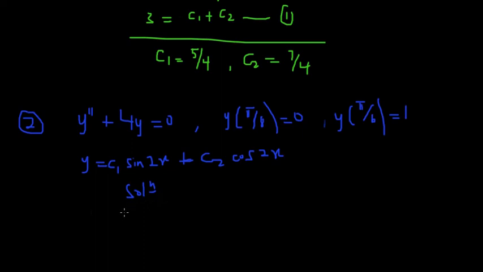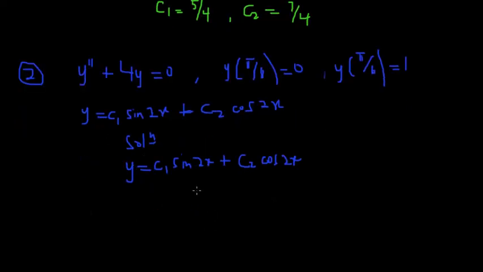So from here you can notice that we have our equation with our missing variables: C1 sine 2x plus C2 cos of 2x. So we're taking this at y, pi on 8, cos 0.